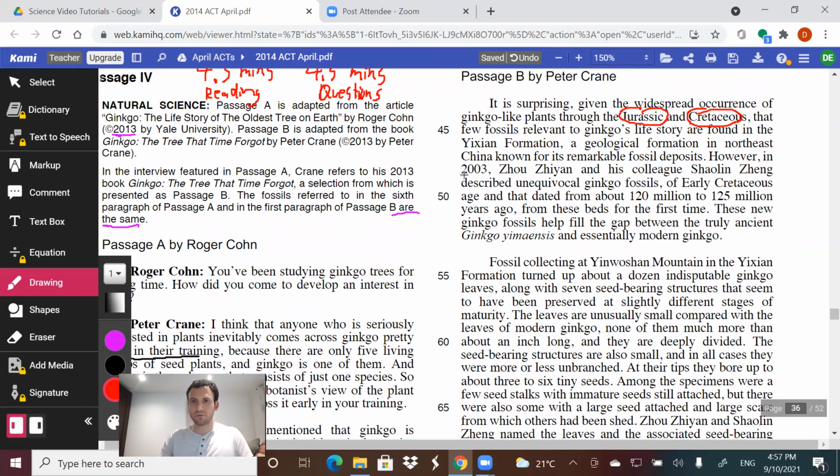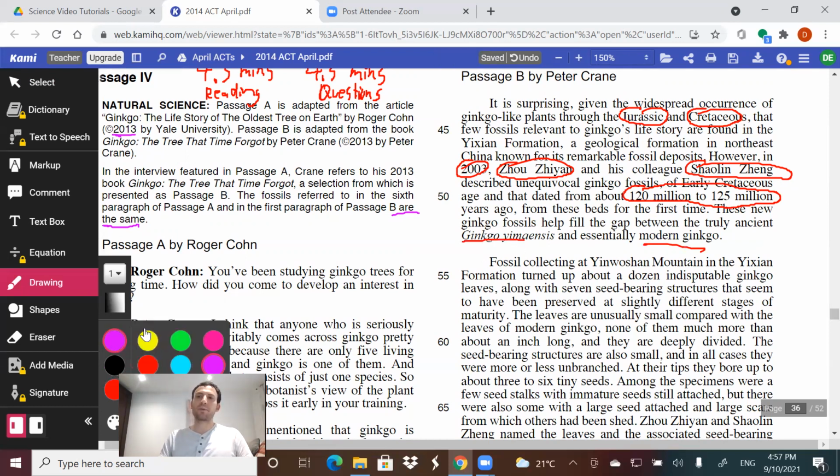However, in 2003, the same guy that Peter Crane referenced in the sixth paragraph of the previous passage, and his colleague described the unequivocal ginkgo fossils of early Cretaceous age, and that dated from 120 million to 125 million years ago. From these beds for the first time, these new ginkgo fossils help fill the gap between the truly ancient ginkgos and the essentially modern ones.